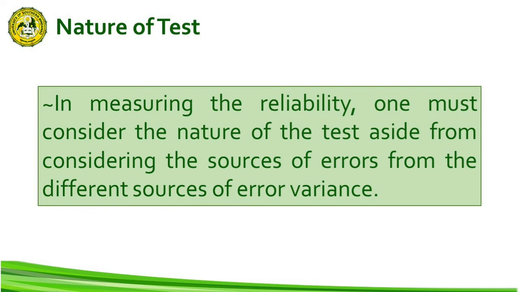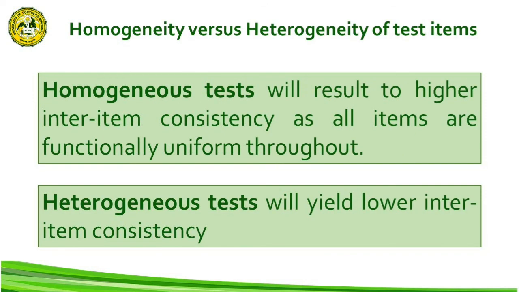So, kanina, you have heard of homogeneity and dito natin siya i-discuss. So first, homogeneity versus heterogeneity of test items. So homogeneous tests will result to higher inter-item consistency as all items are functionally uniform all throughout the test.